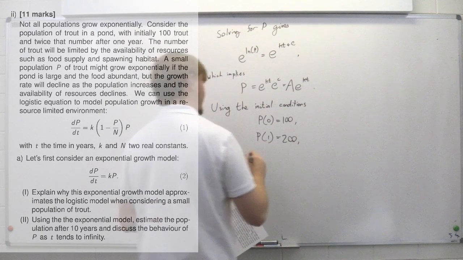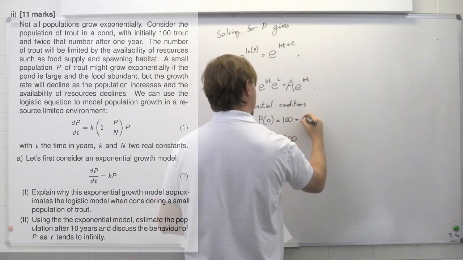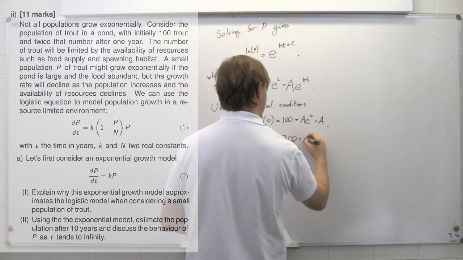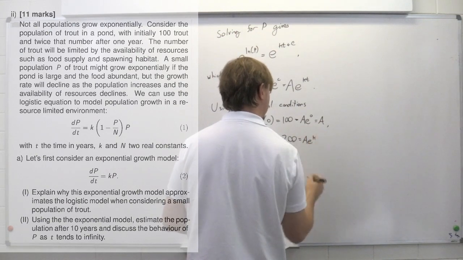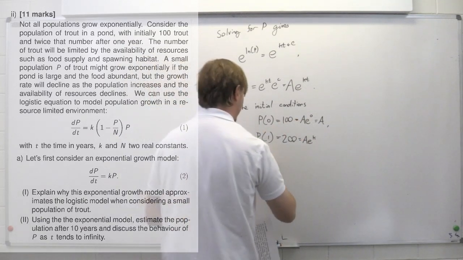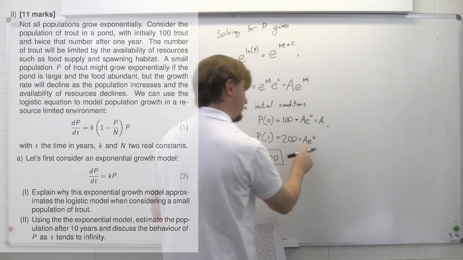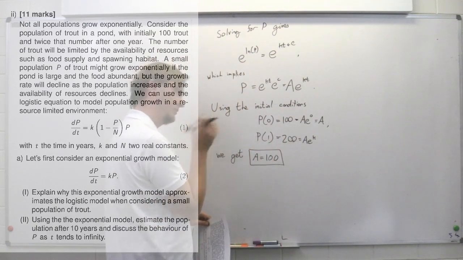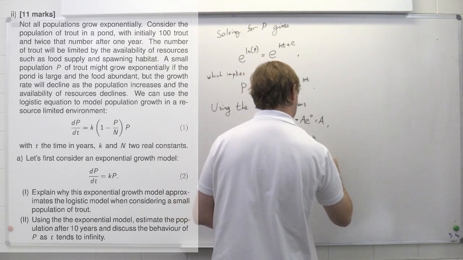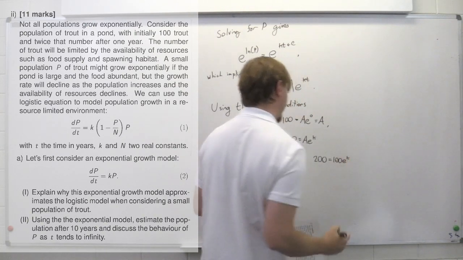So from this we get that, well, actually maybe I should write it here. This is a e to the naught, which is just a, and this is a e to the k. So this is nice because the first one actually just tells me a immediately. We get that a is just 100. This one doesn't quite tell me what it is, but it's very easy to find because we get that 200 is equal to 100 e to the k.